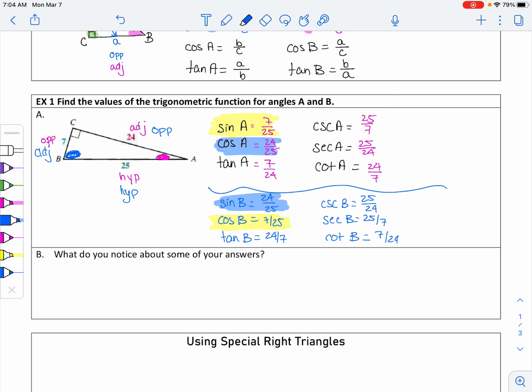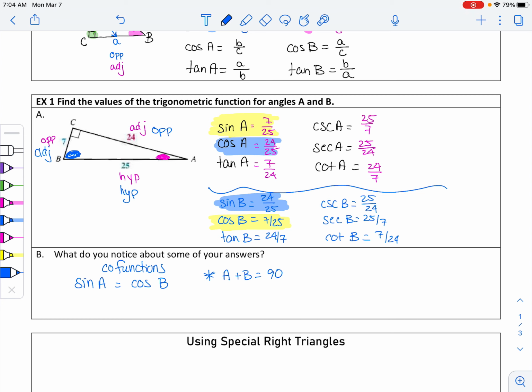And with cofunctions, what you're going to see is that the sine of angle A is going to equal the cosine of angle B. And what we need to know is that angle A plus angle B are complementary.